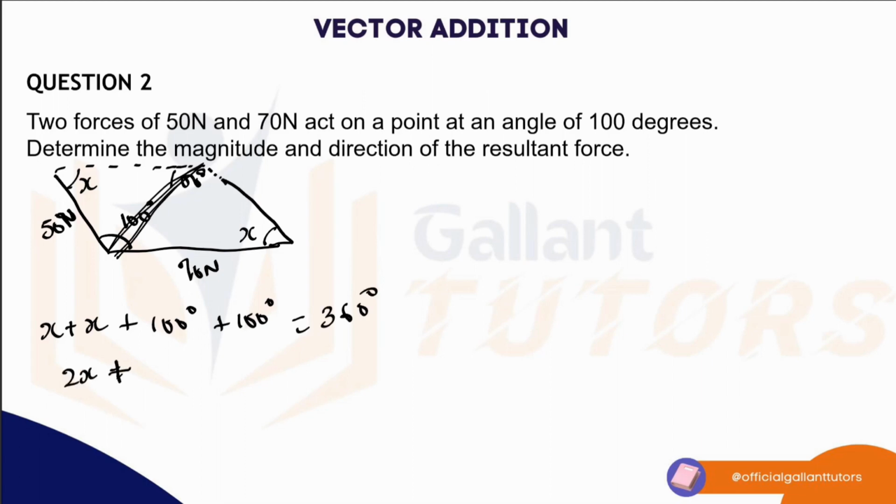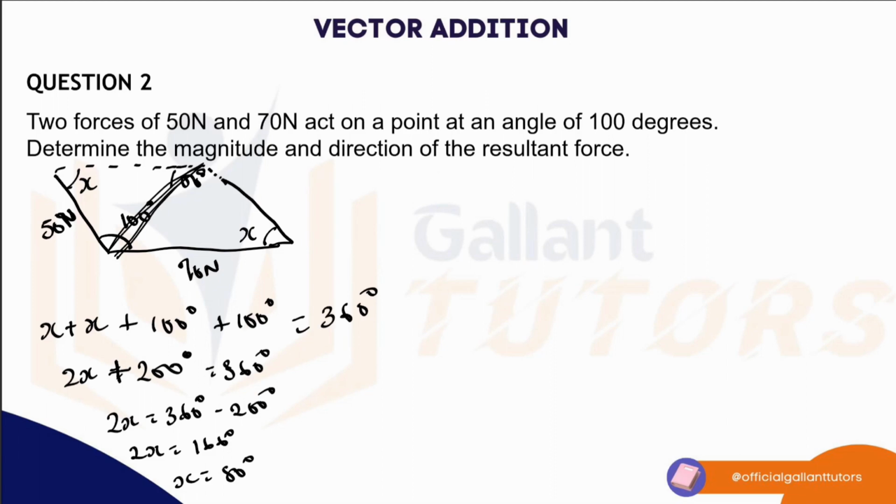So we have 2x plus 100 plus 100, which is 200, equal to 360 degrees. So 2x is equal to 360 minus 200, which gives you 160 degrees. Divide both sides by 2, and x gives you 80 degrees. That said, I can now move on to divide it, to single out this portion and bring it out. That's exactly what I'm doing and nothing more.